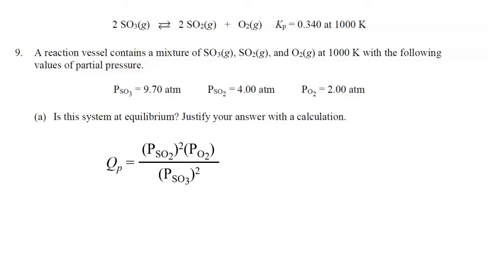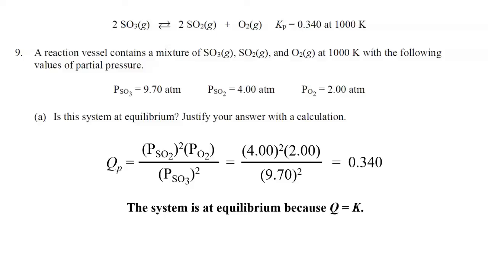We're going to plug in 2 for the pressure of O2, so 4 squared times 2 on the top, and on the bottom, it's going to be 9.70 squared. If we do this math on our calculator, we get 0.340. So yes, the system is at equilibrium because Q equals K. Now in question 8, the disturbance was additional SO3, which is a reactant, was added.